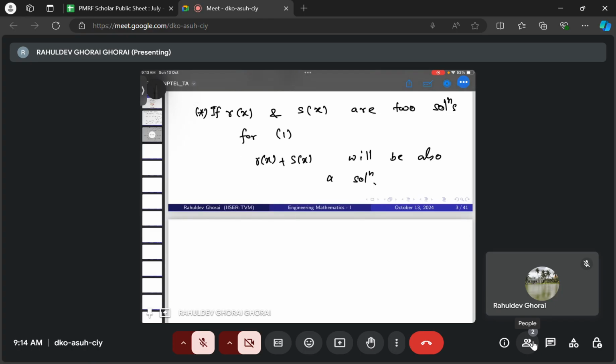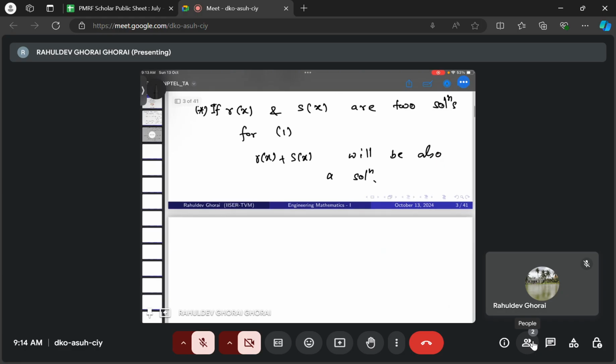What does that imply? Can you say something? I hope you have done vector spaces, right? A little about vector spaces, you know. I remember I did some problems from vector spaces. Yes, I will assume that you know vector spaces.